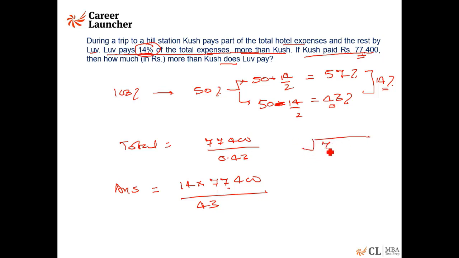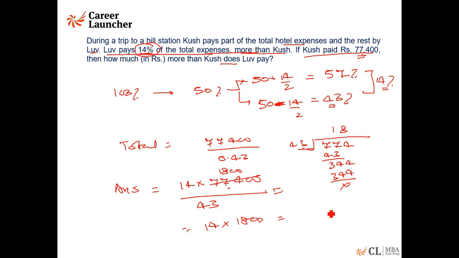So 77,400, I am not too worried. So 43. 43 into 1 is 43. 43 into 8 is 320 plus 24, 344. So this will be 14 into 1800.